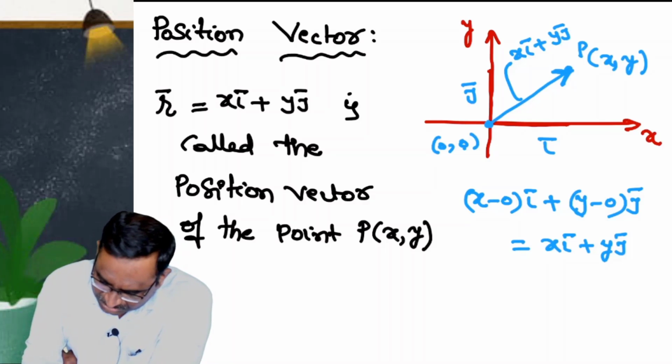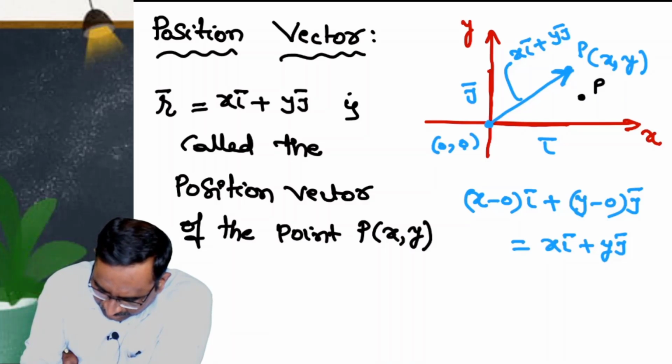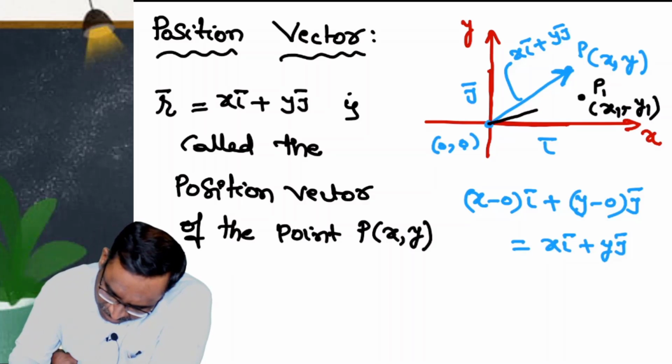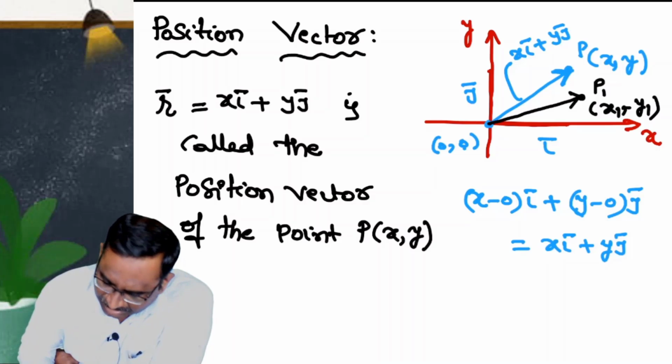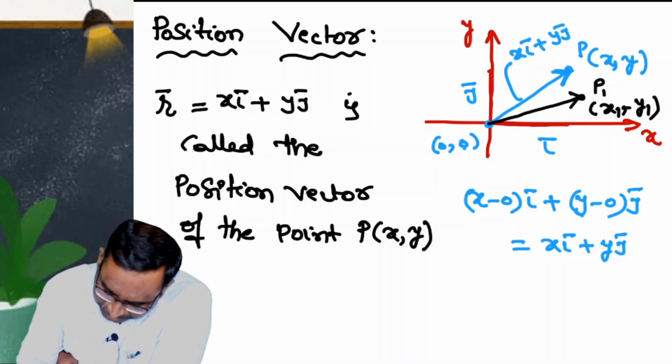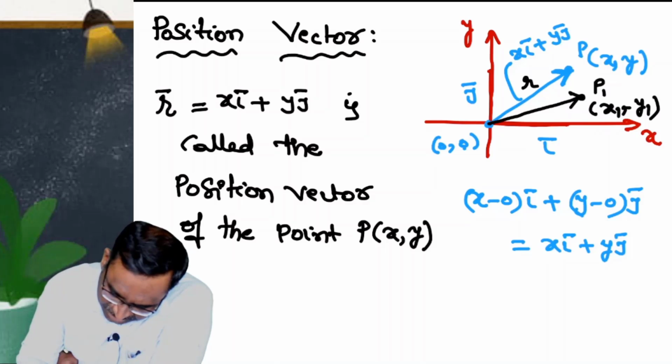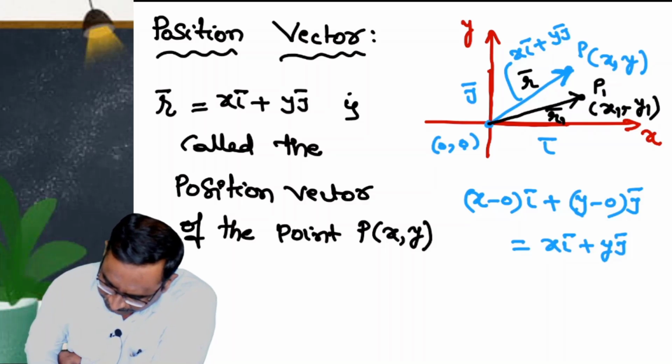Suppose there is a point P1, (x1, y1). Suppose from the origin to here, let it be r1 bar.